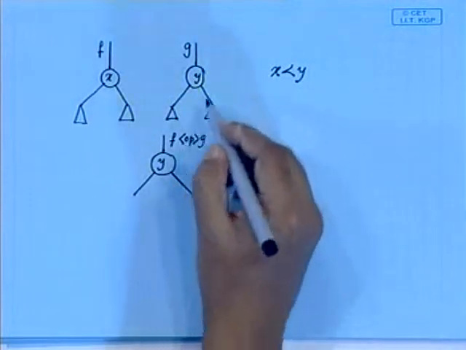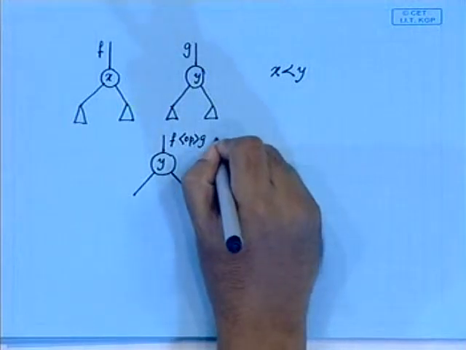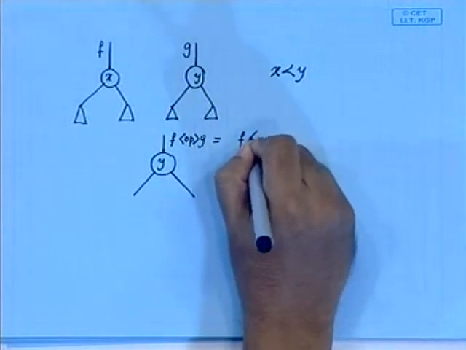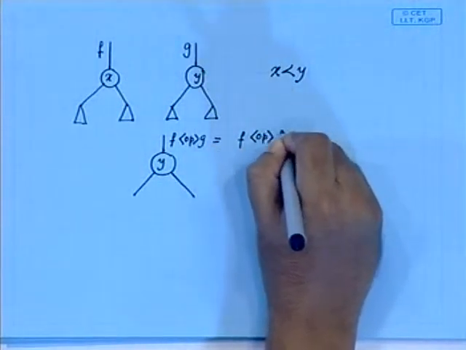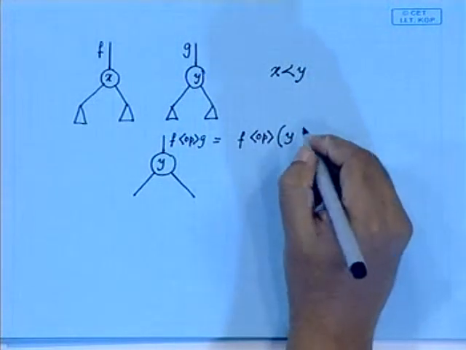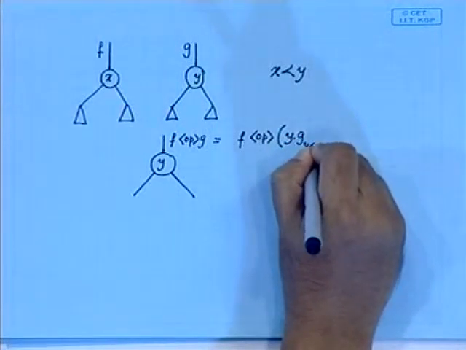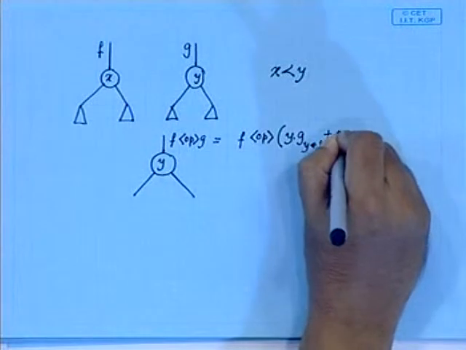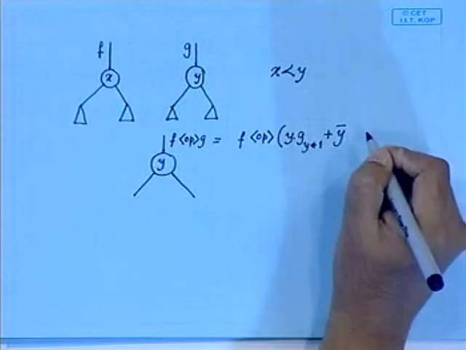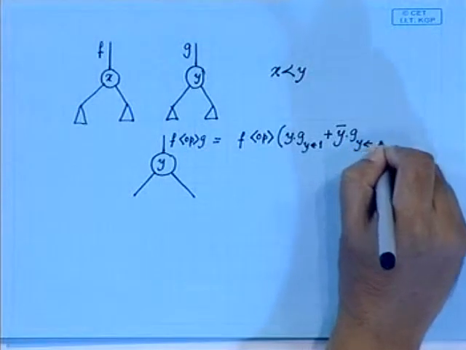I will only expand out this one. So f op g is nothing but f op, and expand this one according to Shannon: y times g with y restricted to 1 plus y bar times g with y restricted to 0.